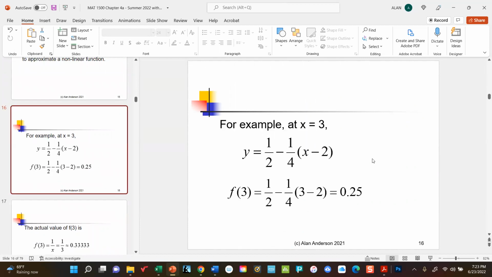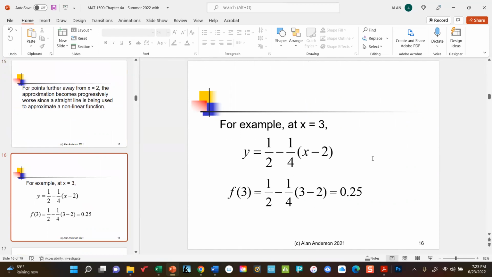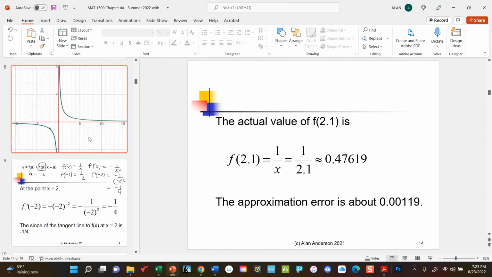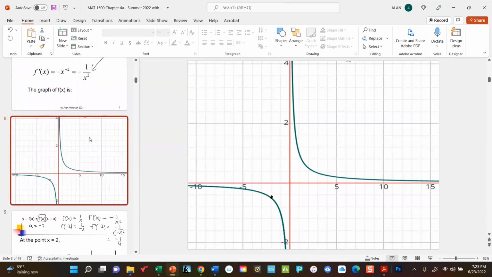Let's start with point 3, x equals 3. And same function, x equals 3, which would be right about here. And this would be our tangent.